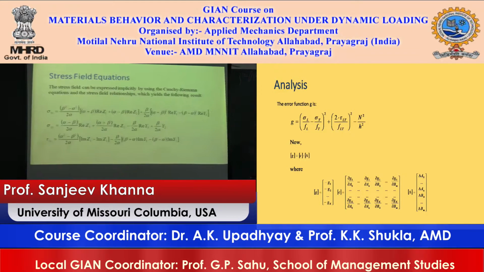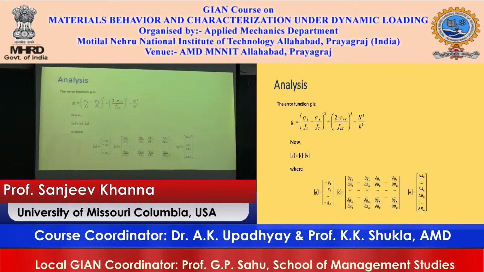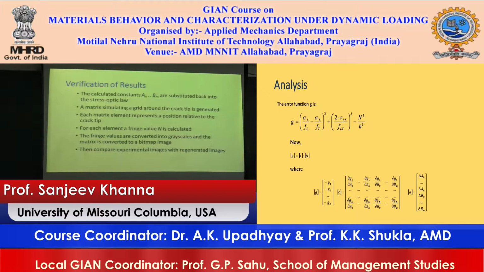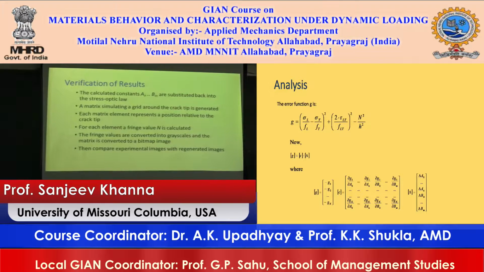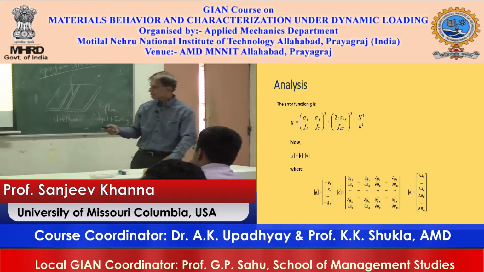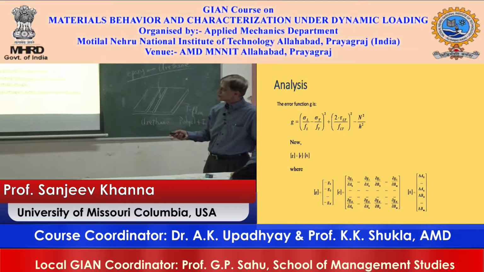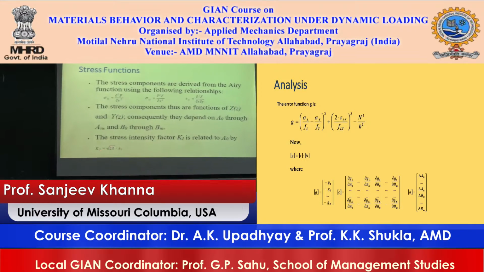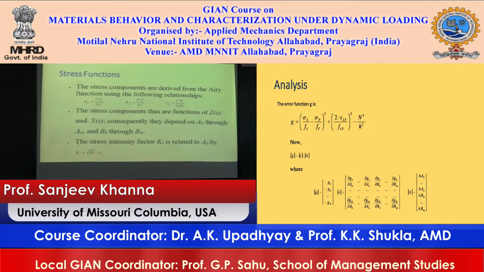So those constants then I find also from my least square analysis, and I come up with all of these, and then A1, the first term, is then related to the stress intensity factor. Okay. So, and that we gave you here, like K1 is equal to square root 2 pi A1.